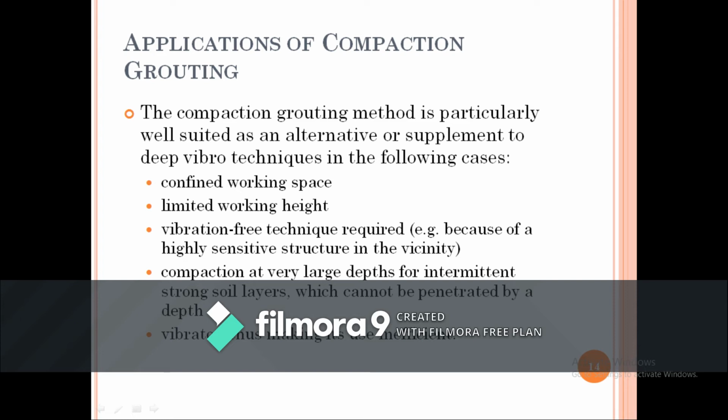Next, compaction at very large depths for intermittent strong soil layers. Next, wherever the vibrator usage is inefficient, in all those places this particular technique is used. So with this we will be ending compaction grouting. We have one more slide related to compaction grouting, we'll just see.